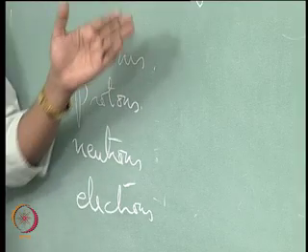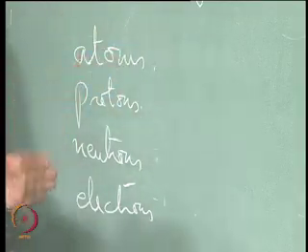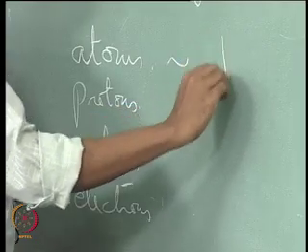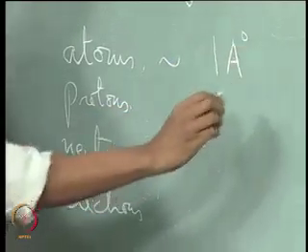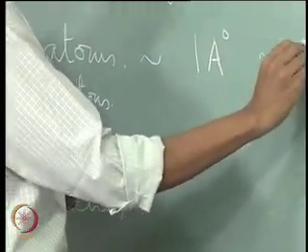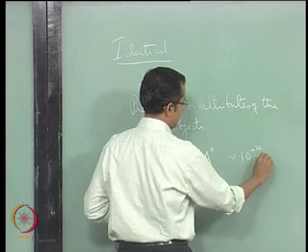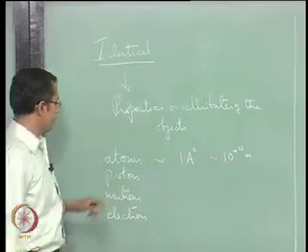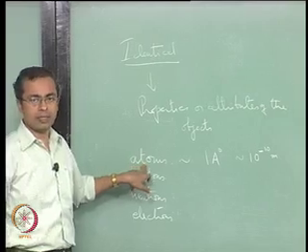Now if you look at the size scale that we associate with these, an atom is of the order of an angstrom, which is roughly 10 power minus 10 meters.